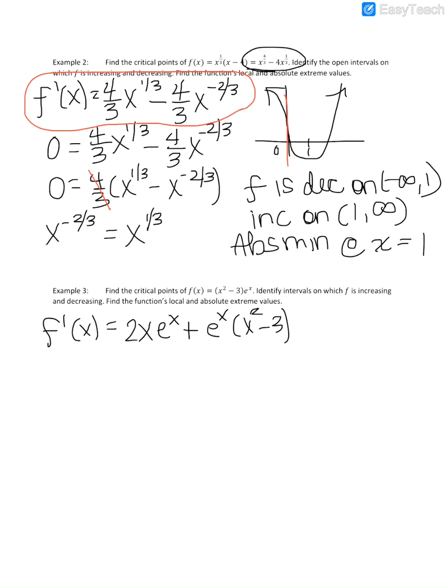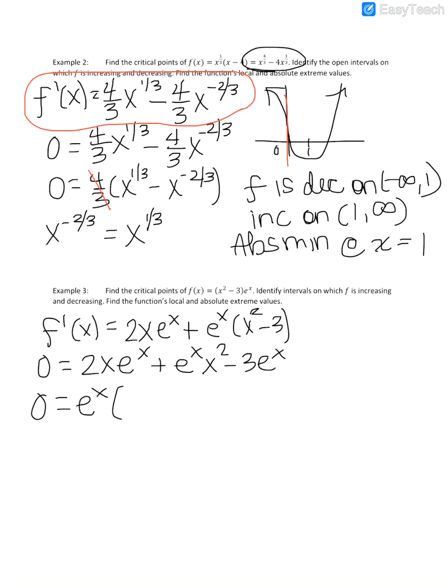Okay, we want to set this equal to 0. I'm going to go ahead and distribute the e to the x for the second parenthesis. Okay, it looks like every single thing has an e to the x, so I can factor that out. Okay, now we're trying to equal 0.